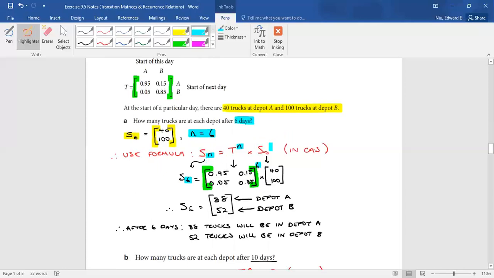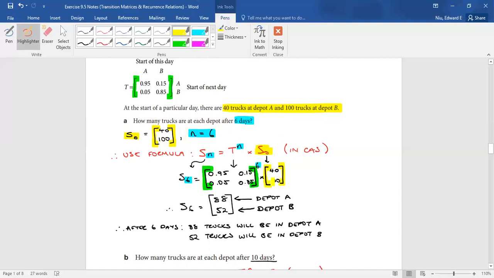And then the S0 is the information we were given, but we had to convert that into a matrix. So depot A, why is 40 at the top? Because depot A is the top one, depot B is the bottom one, and it says there's 40 trucks in depot A, so that's why 40 is up top and 100 is at the bottom for depot B. And so this is our S0 matrix.